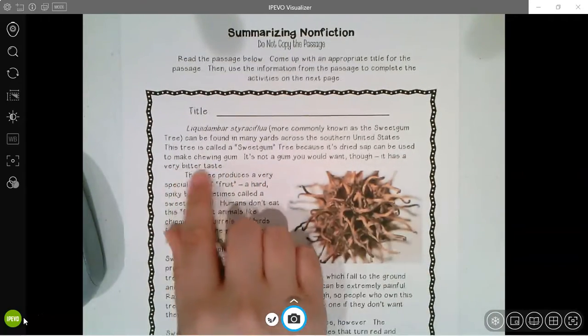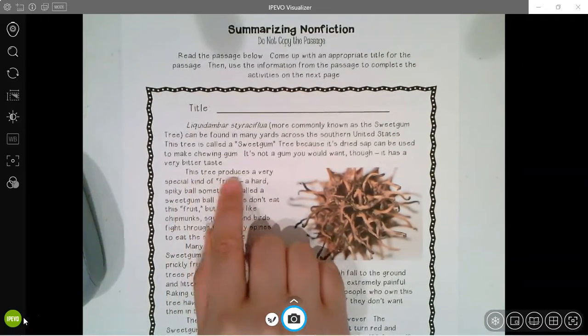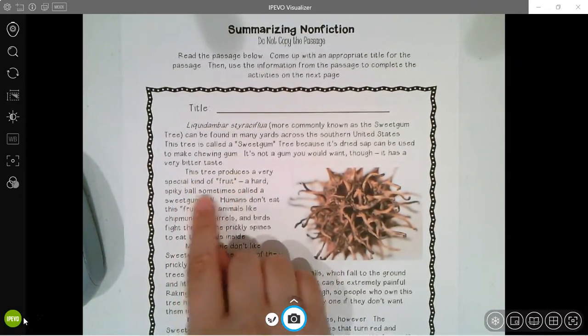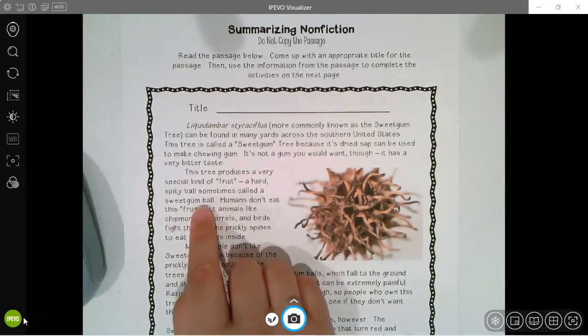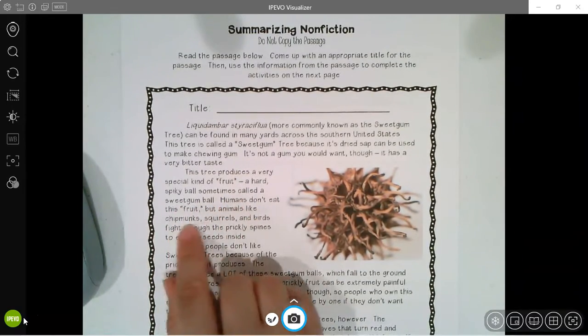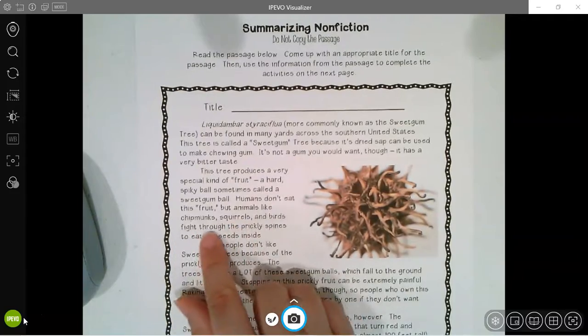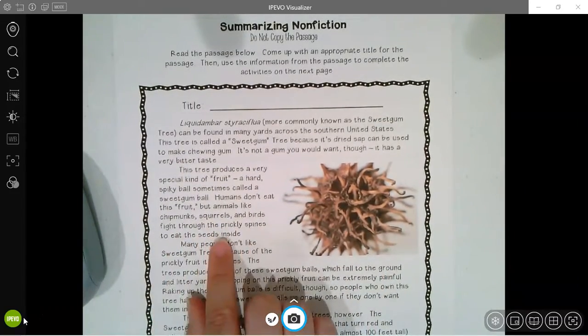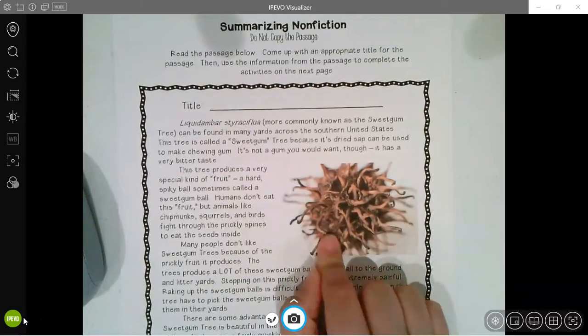It has a very bitter taste. This tree produces a very special kind of fruit, a hard, spiky ball, sometimes called a sweet gum ball. Humans don't eat this fruit, but animals like chipmunks, squirrels, and birds fight through the prickly spines to eat the seed inside. So here's what it looks like.